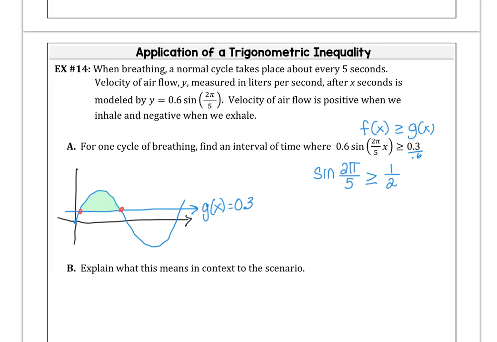That happens at π/6, so 2π/5 x is greater than or equal to π/6. Multiply by 5, divide by 2. We have what? 5 over 12? 5 over 12.